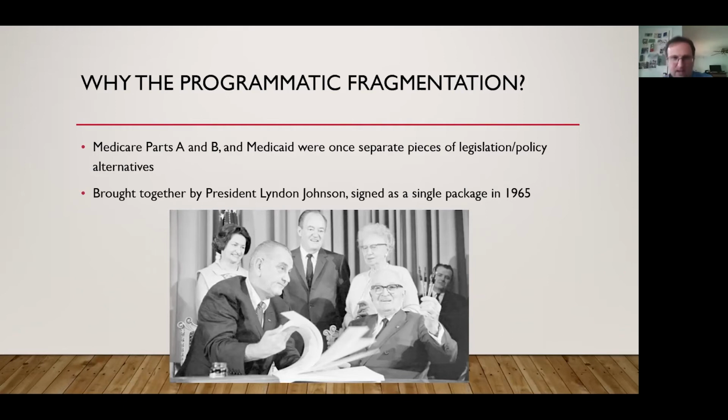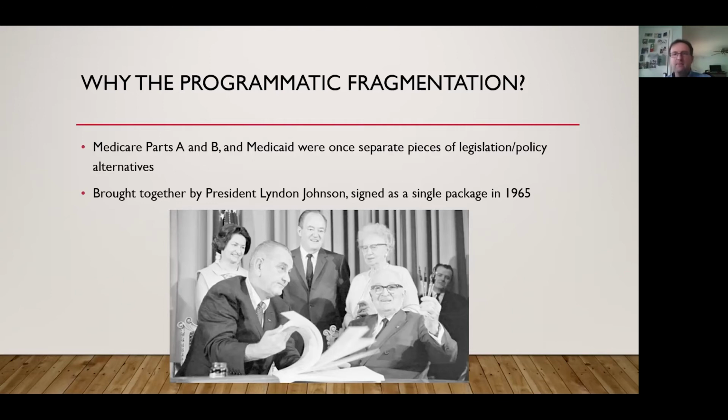Part B originally was a voluntary program. And it was one of the somewhat more conservative alternatives that was presented, largely by Republicans and conservative Democrats. And finally, Medicaid was a third alternative.